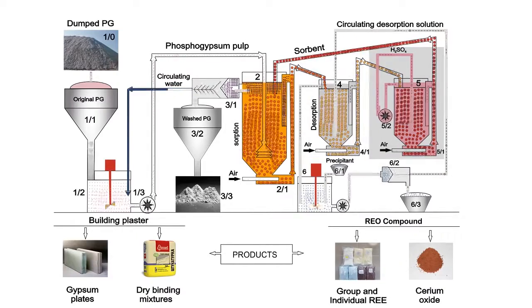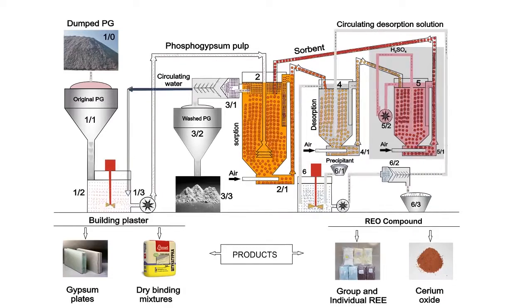At the fifth step, sorbent regeneration for reuse is carried out. For this purpose, the washed sorbent from the column, position 4, enters by airlift the top of the regeneration column, position 5, and regenerative sulfate solution enters the bottom of the column through a distribution comb. Thus, the regeneration of the sorbent is carried out in counter-current flow of the regenerating solution and the sorbent, respectively solution bottom-up and sorbent top-down of the column.